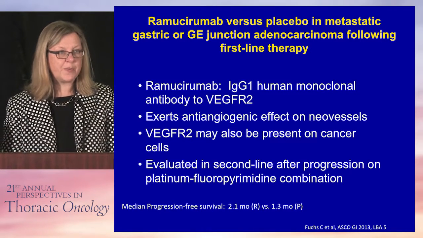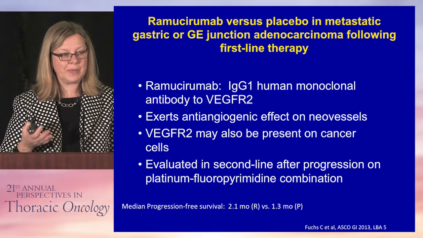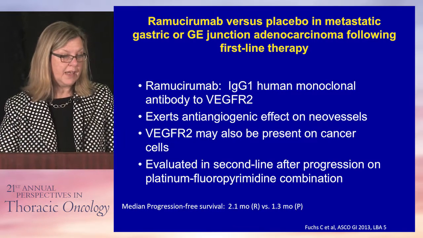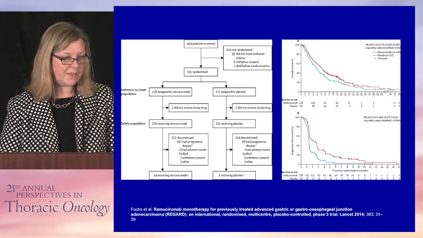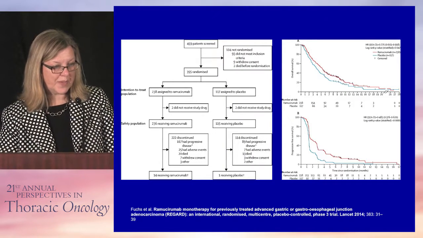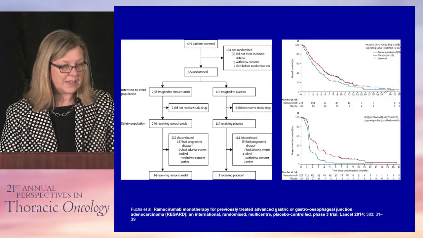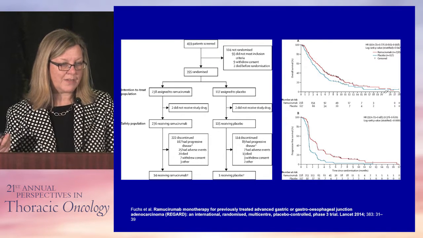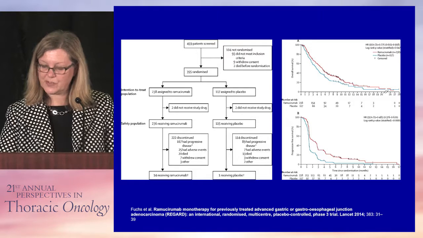And so these were patients who had received first-line therapy with a platinum agent and a fluoropyrimidine and progressed and were going on to second-line therapy, where there was a comparison between ramucirumab and best supportive care. And as you can see, this led to an improvement in overall survival and in progression-free survival.